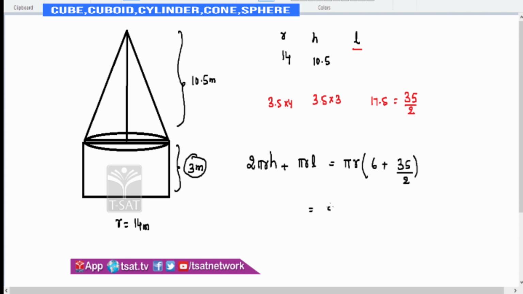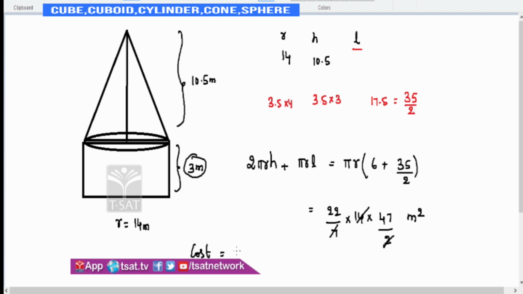So 22 by 7, radius is 14, 12 plus 35, 47 by 2. Cancel this. This many meters square. But when it comes to cost, you have to multiply it with 2.